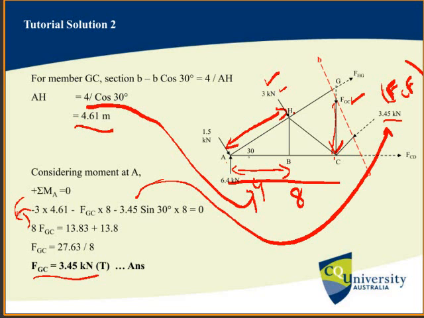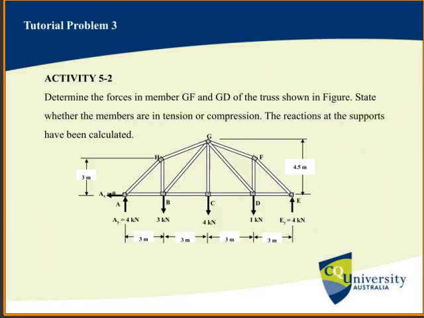Okay, I'm going for the next problem, where this is a bit typical problem, and this is from activity 5.2. Determine the forces in member GF and GD of the truss shown in figure. State whether the members are in tension or compression.